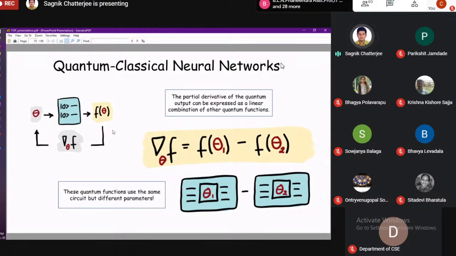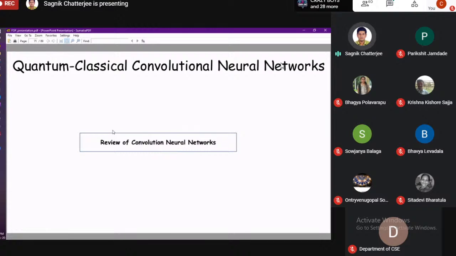So I hope you have a high level understanding of how we will be calculating the backpropagation on quantum nodes. Now we'll review convolutional neural networks for a bit, because we'll be coding a CNN from scratch for the MNIST dataset. It would do us good to understand what's going on instead of just seeing what's written on the screen.